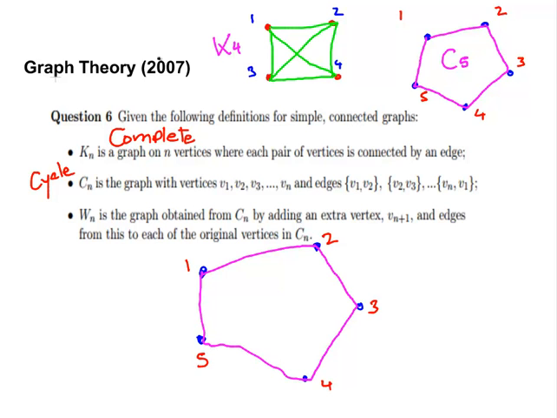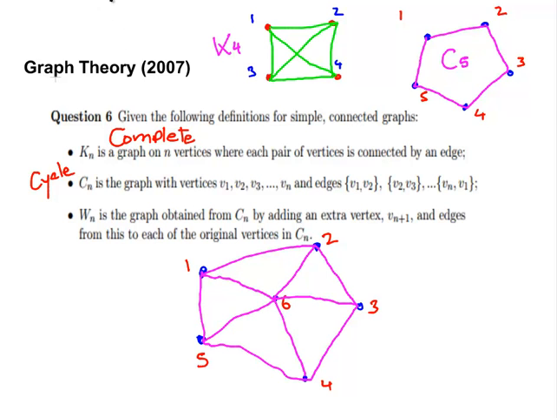So let's put the extra vertex right in the middle. And there are edges from this extra vertex going back to all of the original vertices in C5. So essentially what we have here is more or less the spokes of a wheel, so to speak.